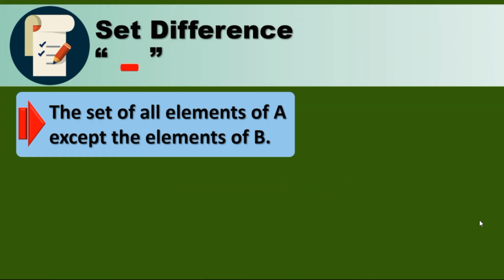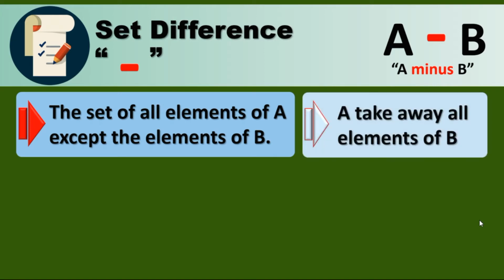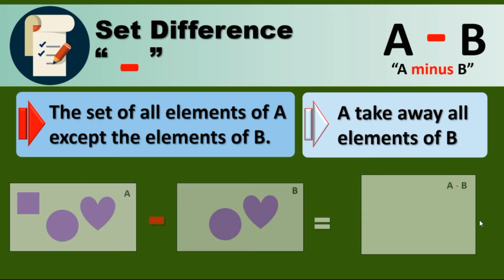Next concept, set difference, with the notation of the minus sign. Set difference is the set of all elements of A except the elements of B, which is denoted as A minus B, or simply saying A take away all elements of B. Take note, A there is a set.